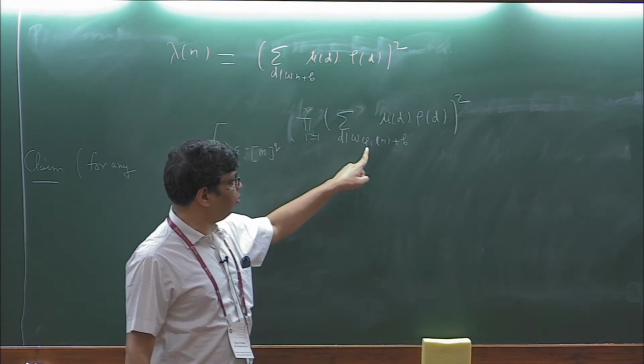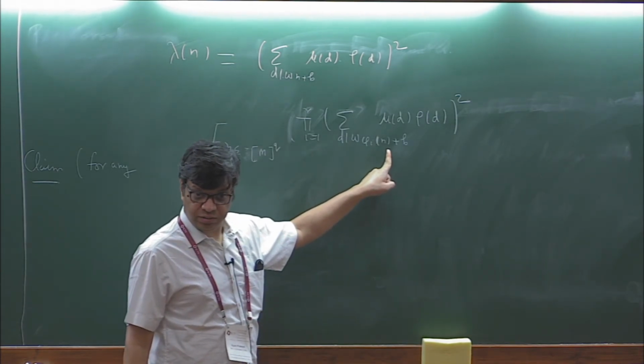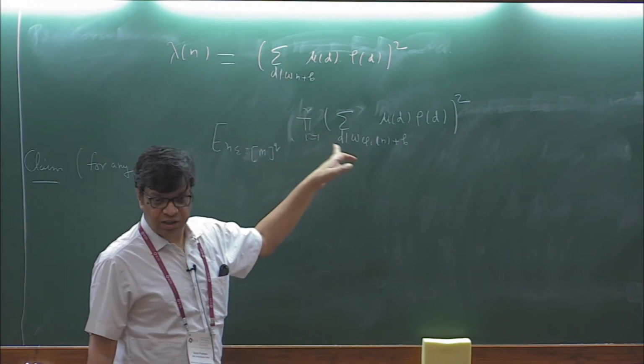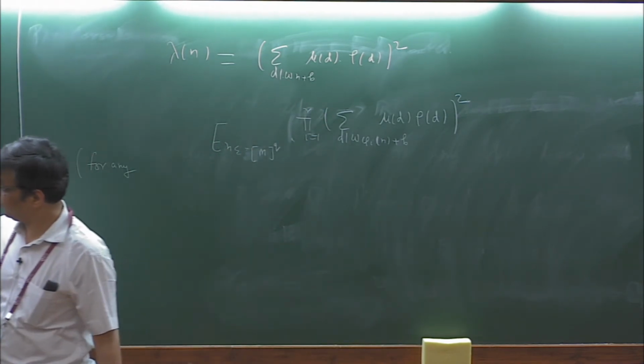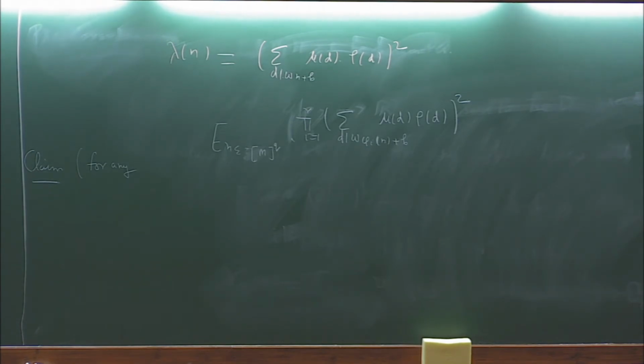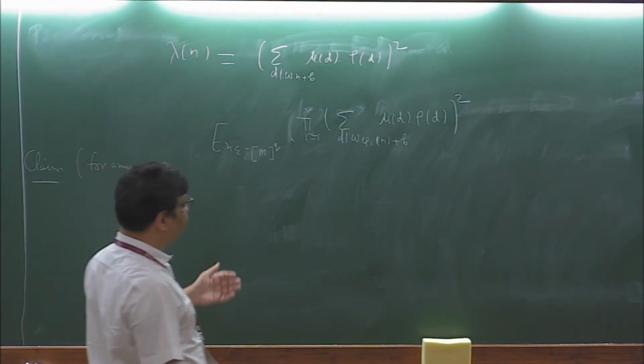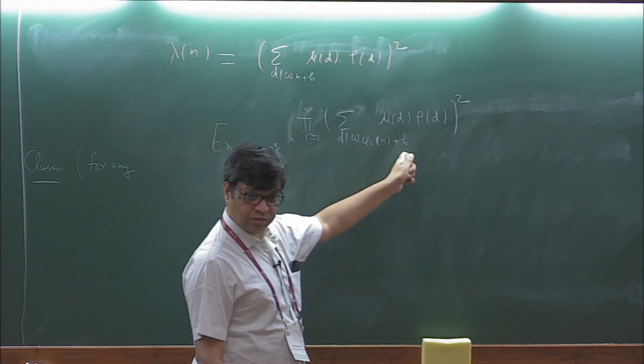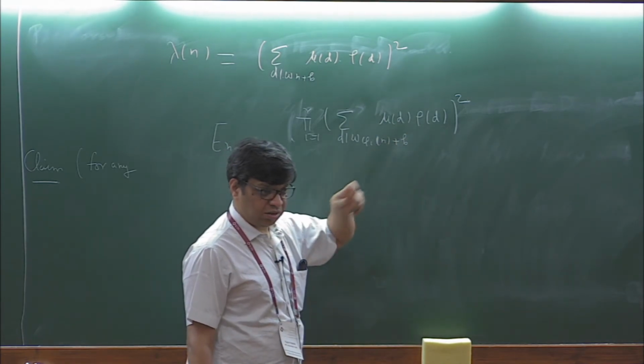Summation over d dividing w phi n plus b. Because this lambda phi n is what will appear now for me, V tilde phi n. And the dependence on phi n is that d divides w phi n plus b, mu d rho d, whole square.